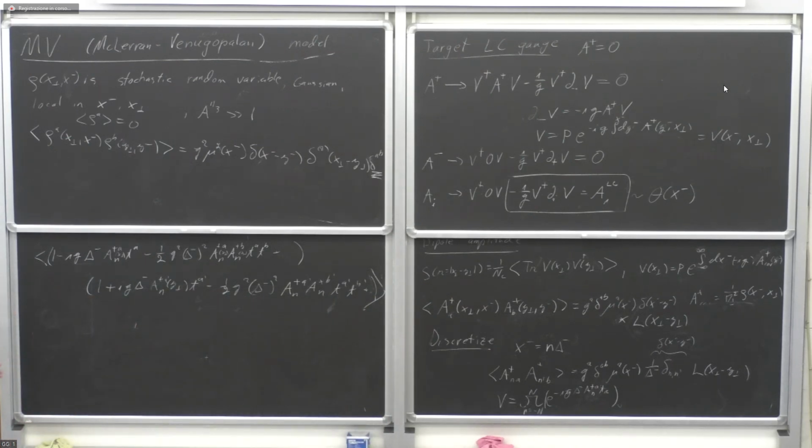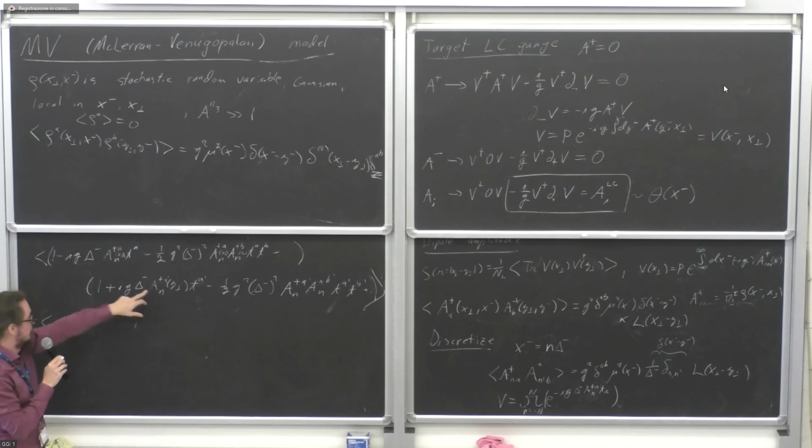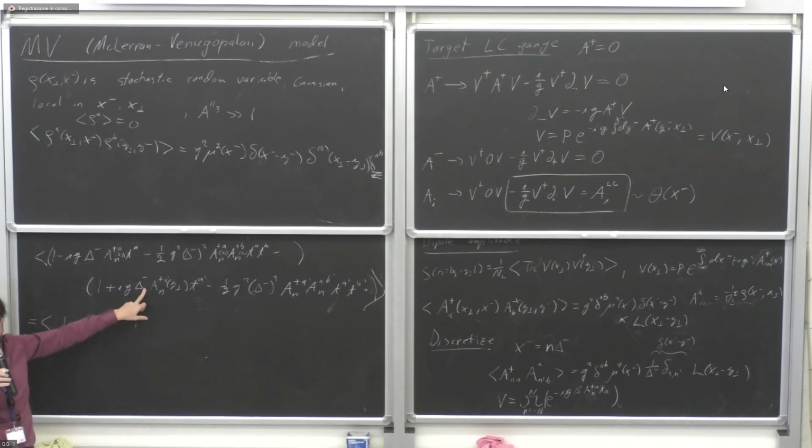First of all, the first term is 1. 1 times 1. Then I get this 1 times just this one. That's an expectation value, so it vanishes, right? My expectation value of 1 times a single A plus is 0. That's the only kind of color neutral thing it can be.